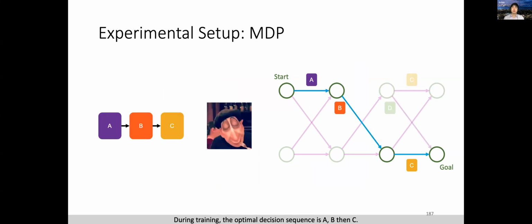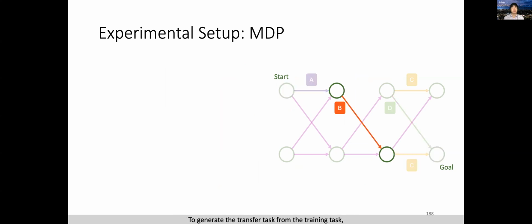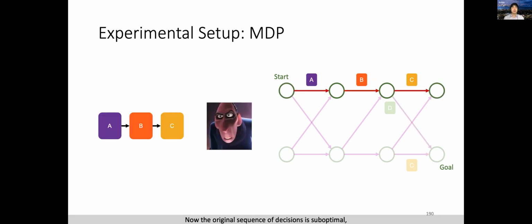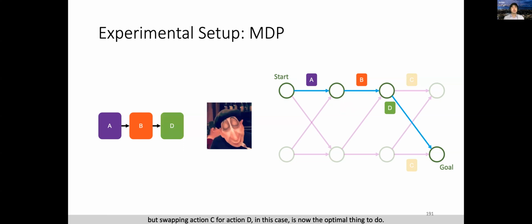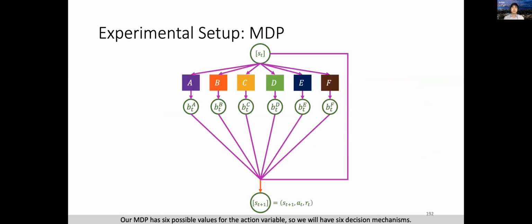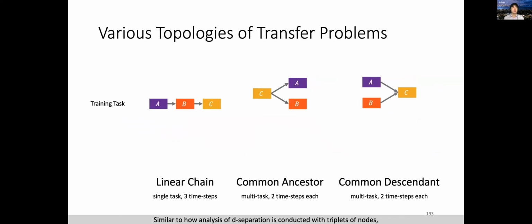During training, the optimal decision sequence is A, B, then C. To generate the transfer task from the training task, we modify the transition that B corresponds to. Now the original sequence of decisions is suboptimal. But swapping action C for action D in this case is now the optimal thing to do. Our MDP has 6 possible values for the action variable, so we will have 6 decision mechanisms.